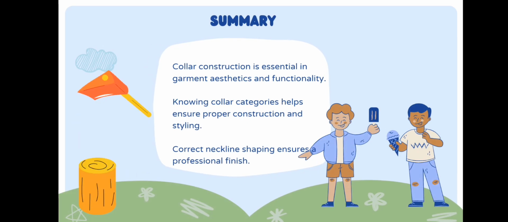The collar is not just for aesthetics, but it also provides functionality. In what way? Through comfort and perfect fit, and it will also frame your face. And knowing collar categories helps ensure proper construction and styling.